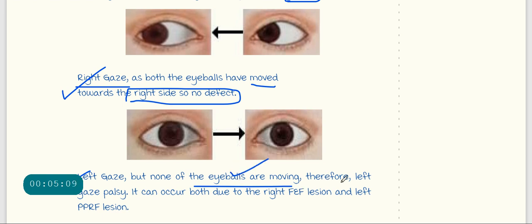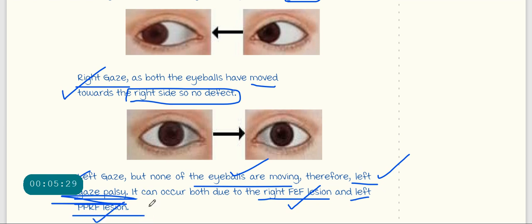So therefore the left gaze is palsied. Now this left gaze palsy can occur due to both right FEF lesion and left PPRF lesion. Okay, so it can occur due to these two things.